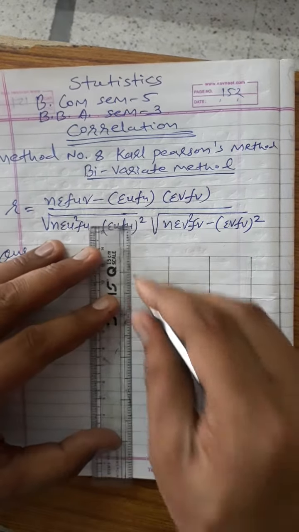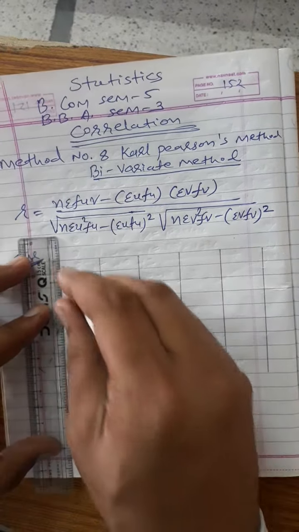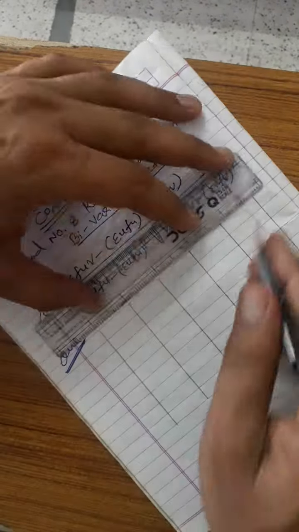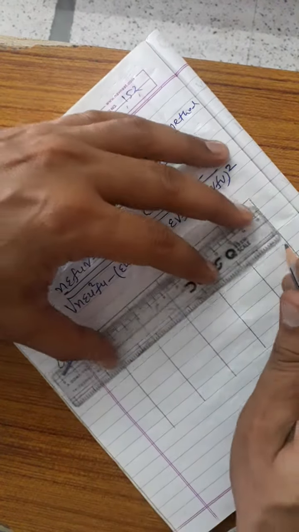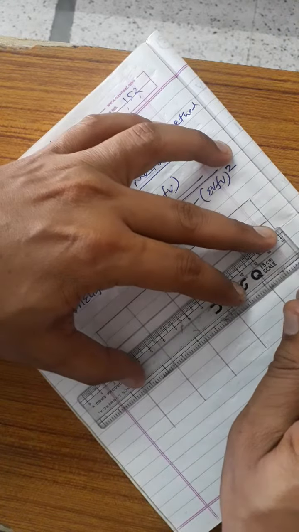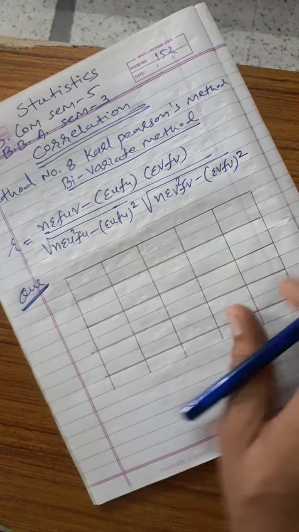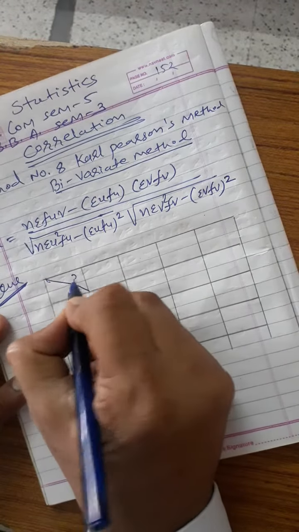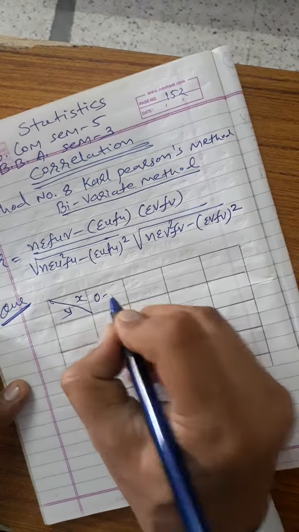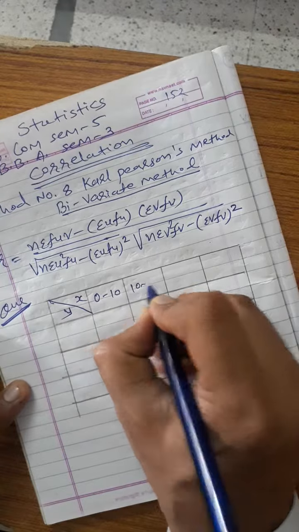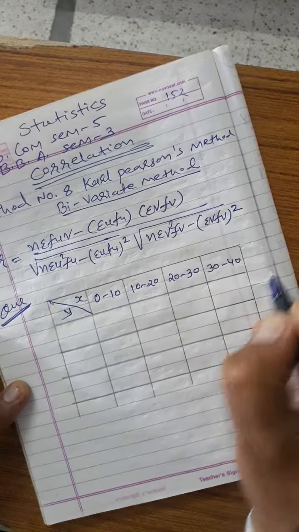Suppose x and y. Here in the x, four classes are given: 0 to 10, 10 to 20, 20 to 30 and 30 to 40.